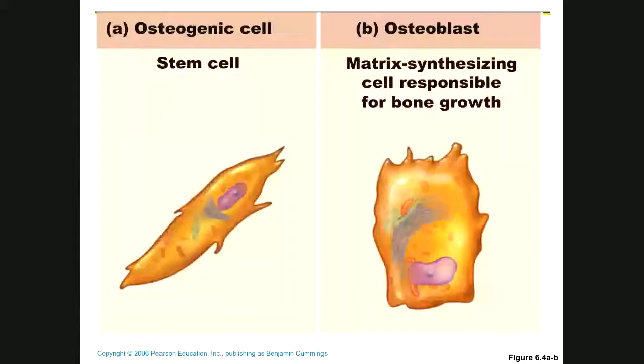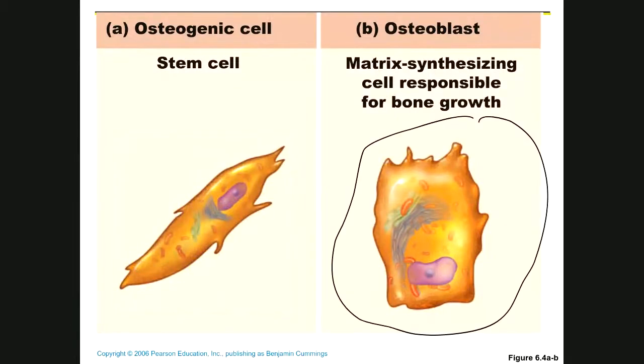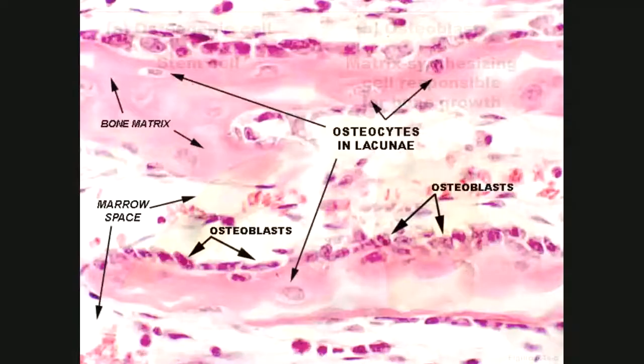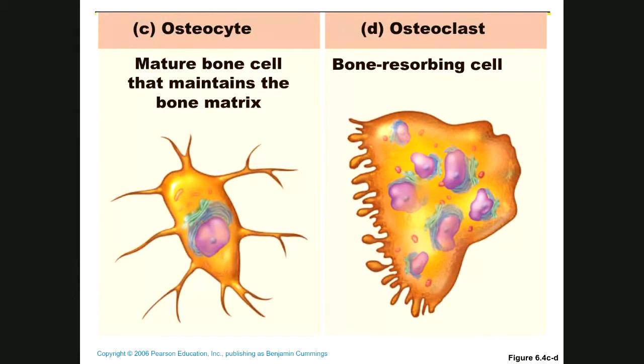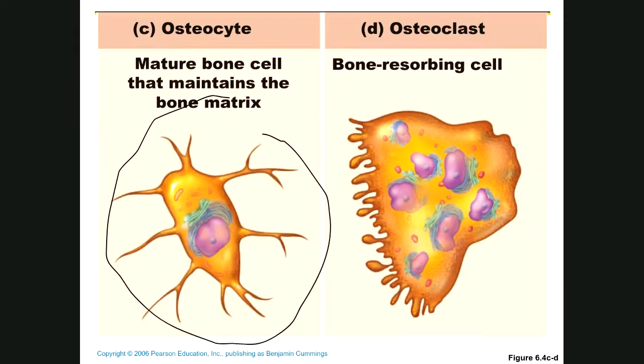But that was while they were building bone. But then they're going to get trapped. They're going to be surrounded by bone. And once they're surrounded, there's no more room to build bone, and so they turn into an osteocyte. And osteocytes maintain bone.